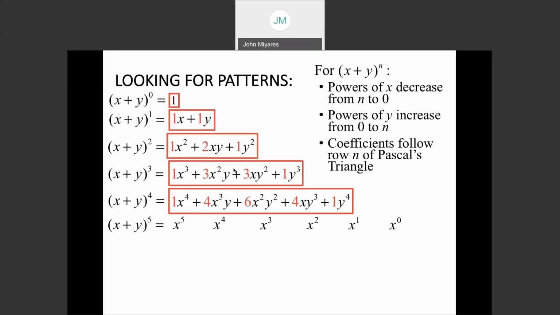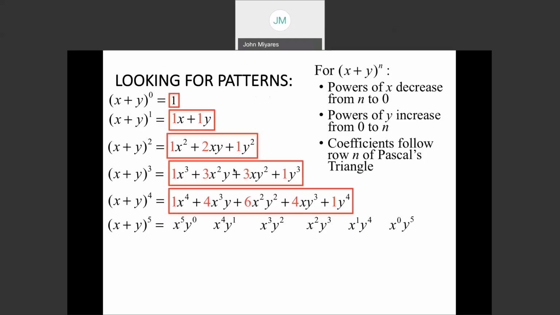For the y's, we'll start at y to the 0 power, which again would mean I don't actually have any y's there, and then we'll work our way up, increasing our powers of y until we get to y to the 5th power at the end of the expression.